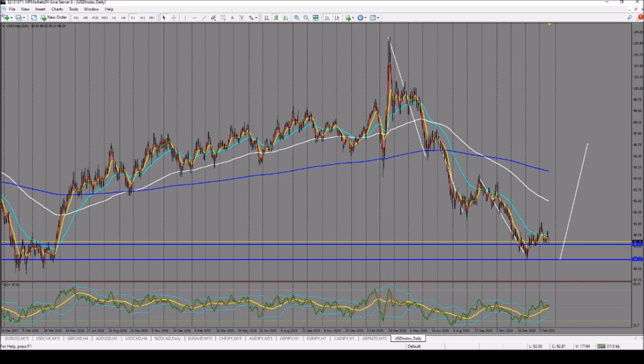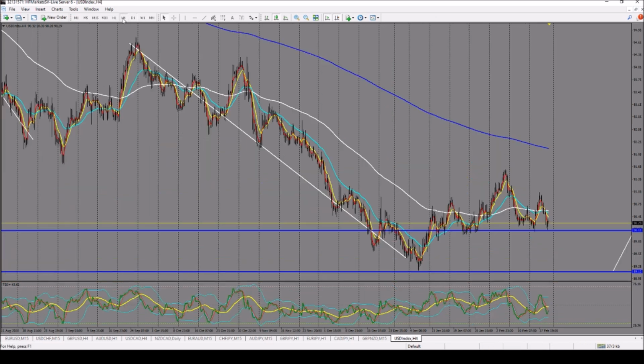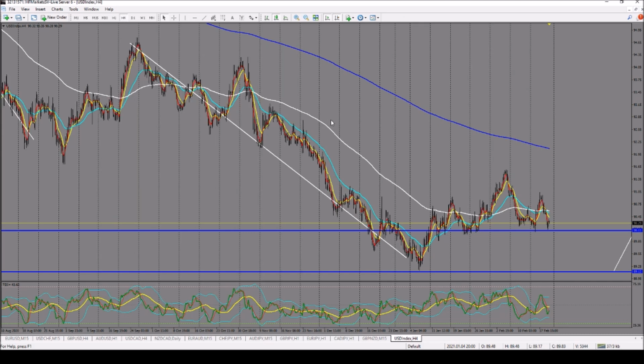It is also possible that this pair may take off from this point, since there have been several touches at the same region on the H4 time frame. With that being said, we will go to USD against CHF to see if it supports a move whereby we take off directly from this point.